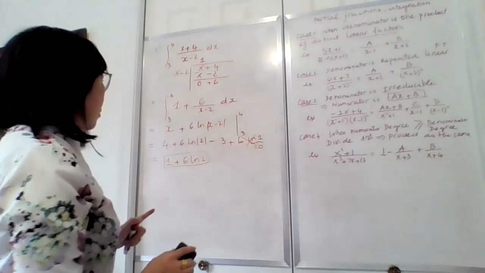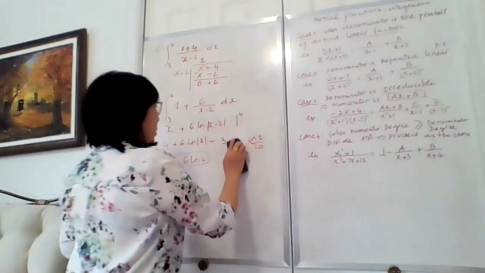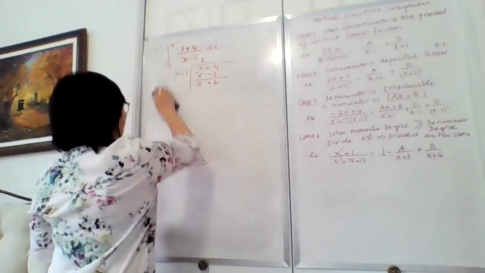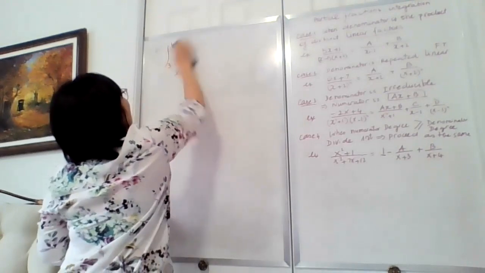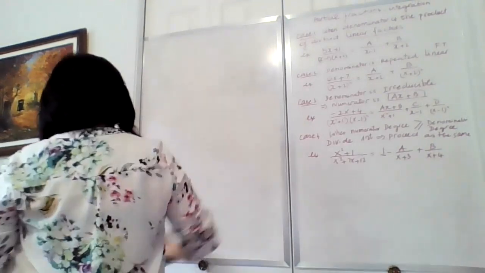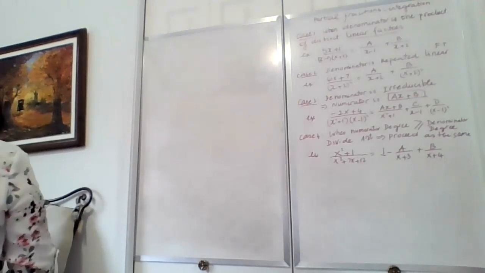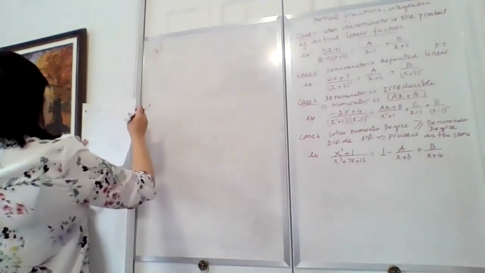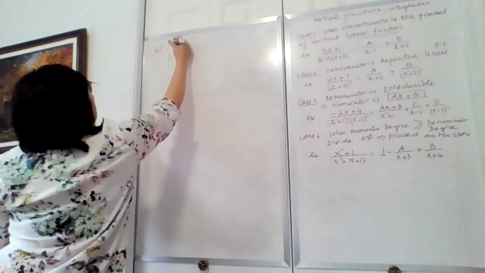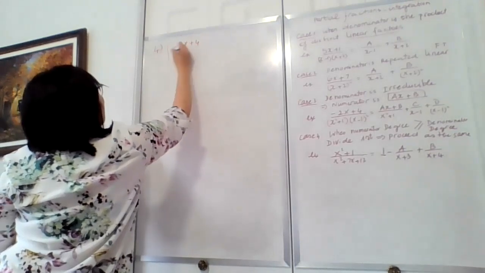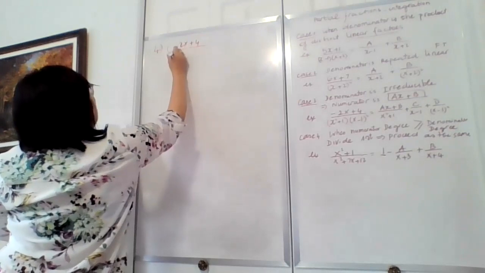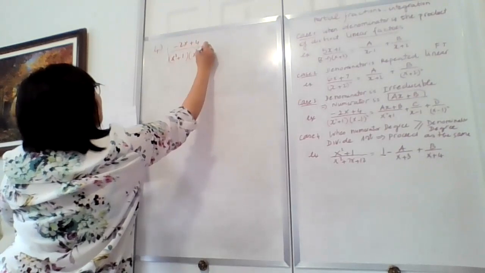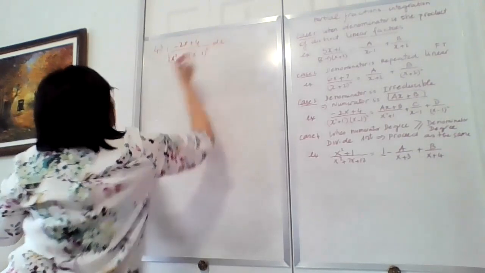Okay, so now I will go through the fourth example. And for this example, let's see, a little bit more exciting. We have the integration of minus 2x plus 4, all of this over x squared plus 1 times x minus 1 squared dx.